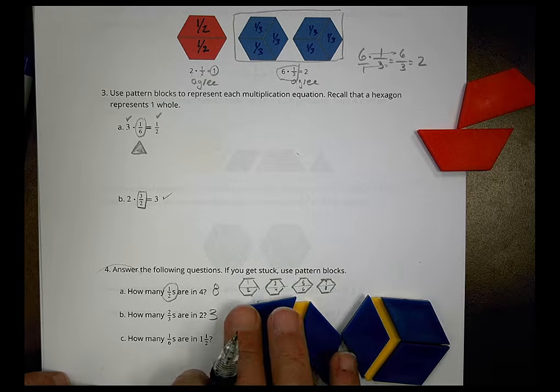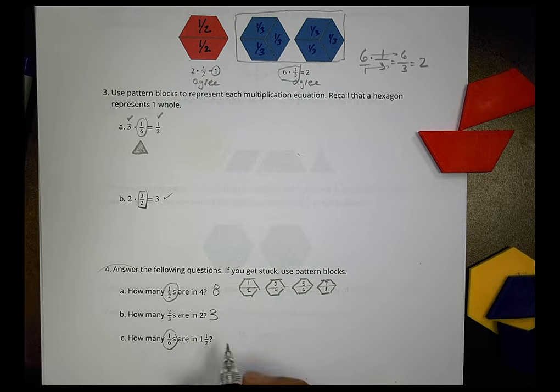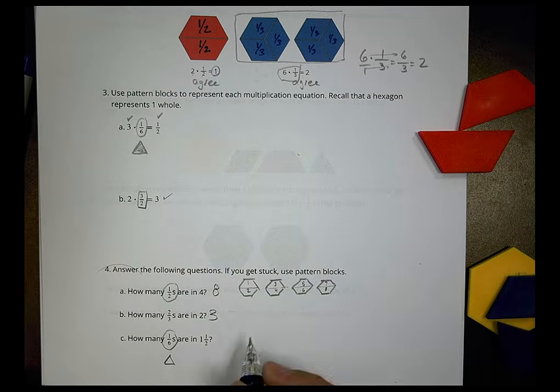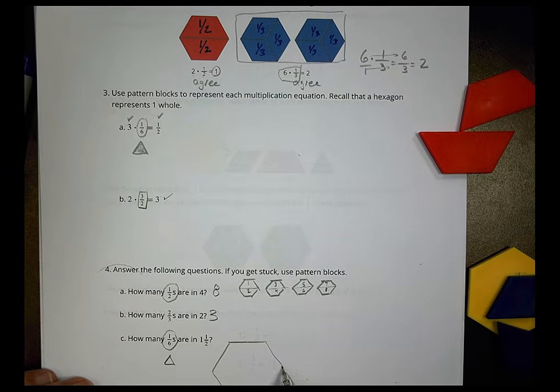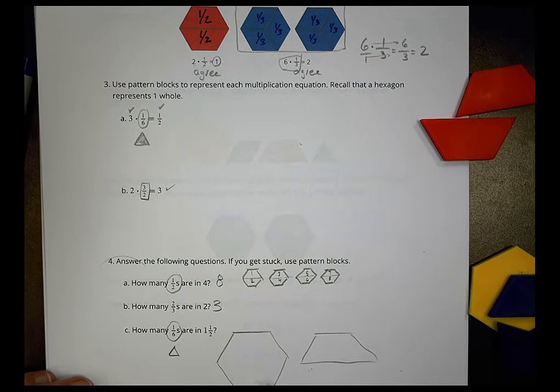Okay? Now, how many 1/6s are there in 1.5? Now again, that 1/6 is that triangle, so how many triangles are there in 1.5? Let's just sketch this one out real quick. So we have this like that, that's our hexagon, and then we have, it's 1.5 hexagons, so we're going to draw the trapezoid here. So how many triangles are in there?